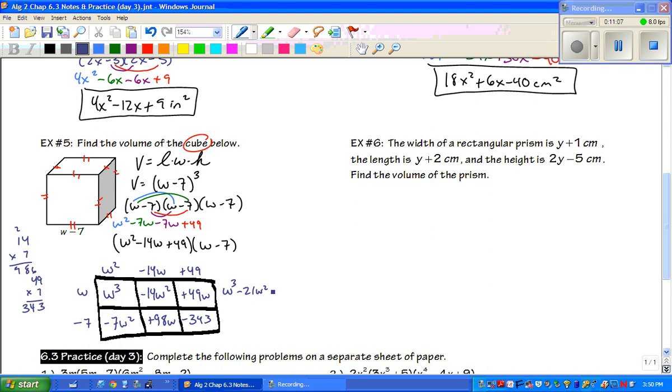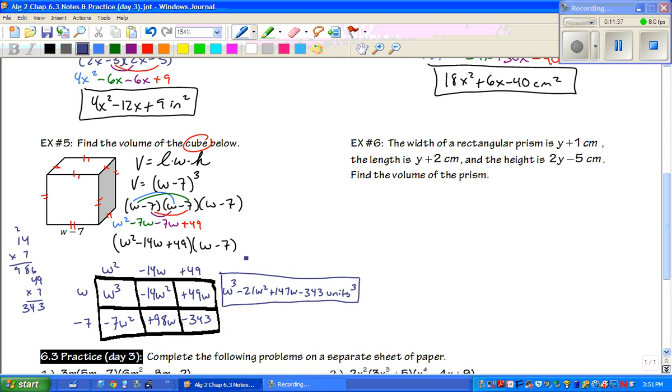And then you're going to add 98 and 49, which gives you a positive 147w minus 343. Okay? And now since they don't tell us what the units are, I'm just going to write units cubed. And that's everything on that one.